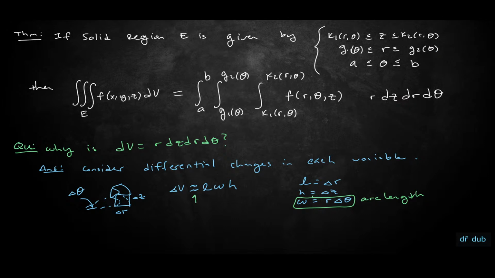And here we're saying approximately because it's approximately a rectangular solid if changes are small enough. So that's why the dV becomes R dz dr d theta.